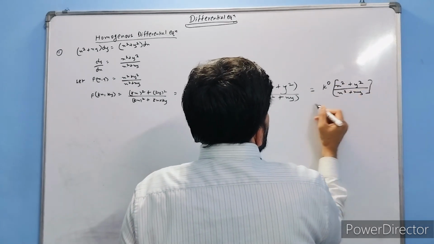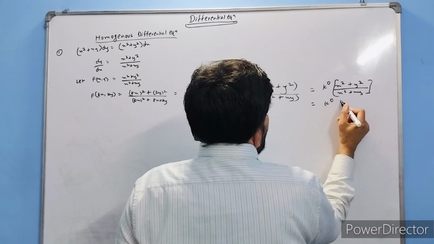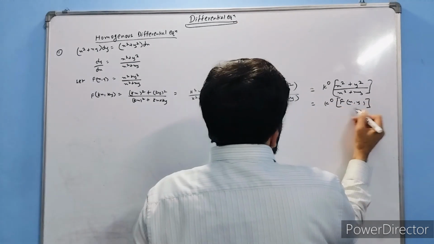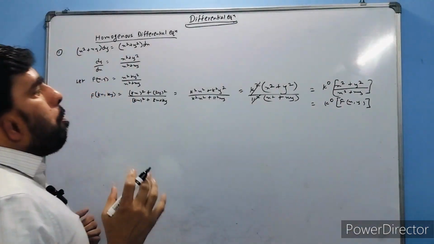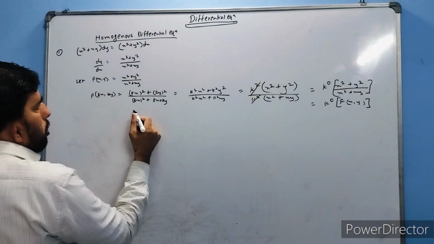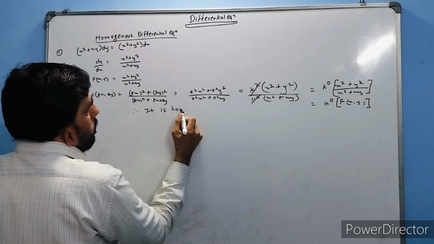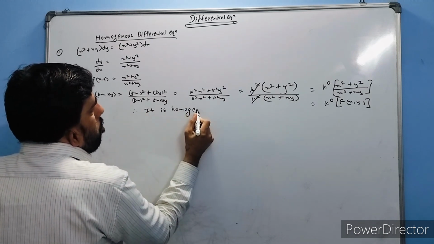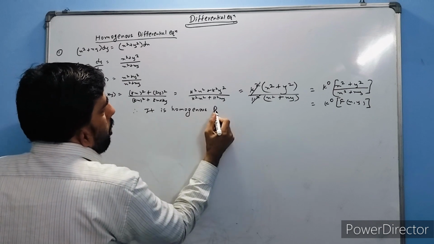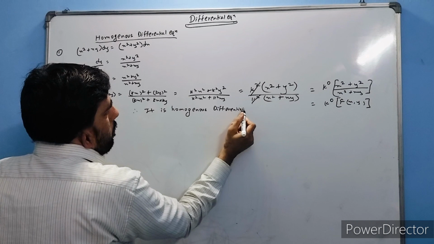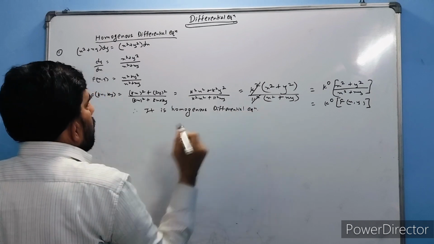I can write this as k to the power 0 f(x, y). So I can say this is a homogeneous differential equation. Therefore it is a homogeneous differential equation.